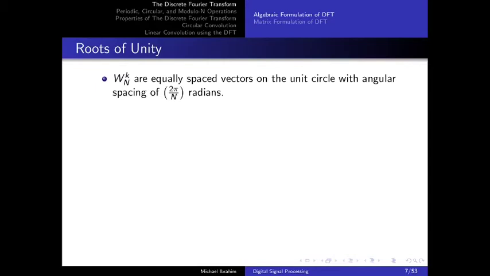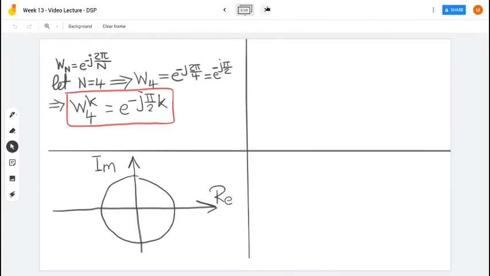So W_N to the power k are equally spaced vectors on a unit circle with angular spacing of 2 pi over N. In order to understand this statement, let's go to our whiteboard. W_N is defined as e to the negative j 2 pi over N, dividing a 2 pi angle by capital N. So let's assume N is equal to 4, and we get W4, which is equal to e to the negative j 2 pi over 4, or e to the negative j pi by 2.